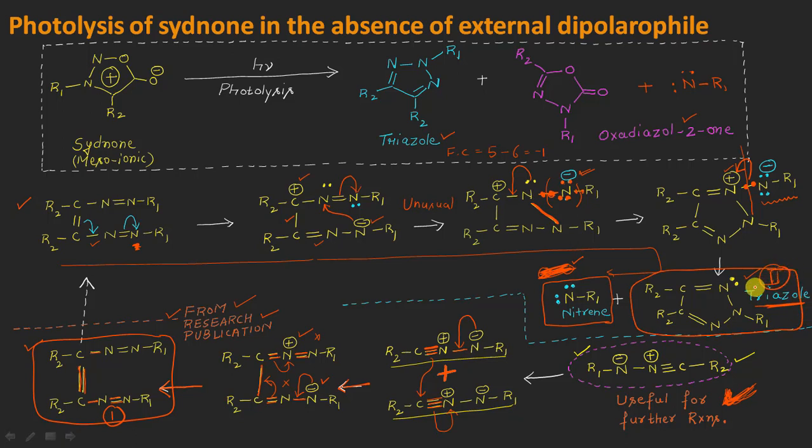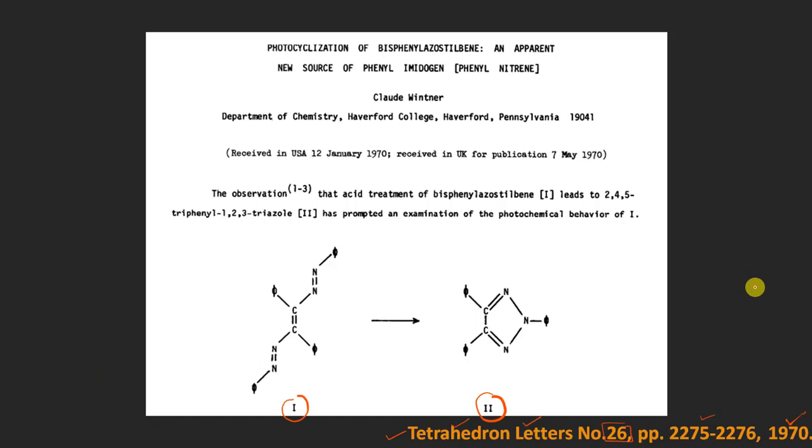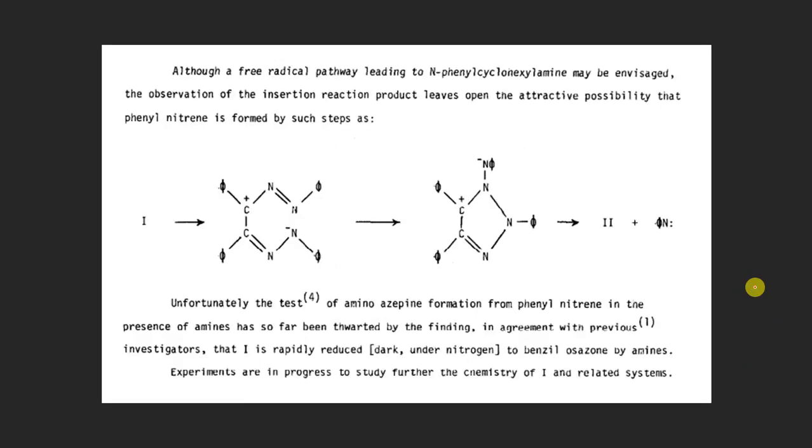So you can even see the mechanism which is present on the second page of this research publication. It is giving a nitrogen negative in this way and a positive charge here on this carbon atom, which we have just discussed. And after that, this is simply attacking here on this nitrogen atom, giving these electrons onto this side, which you can see here, the formation of a bond between this nitrogen and this nitrogen.